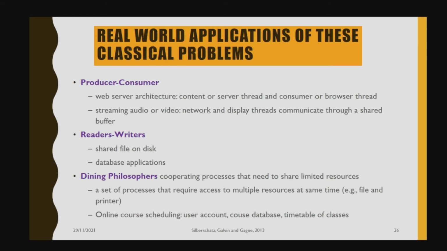And then online course scheduling: user account, course database, timetable, and classes. So this is the real world application of this classical synchronization problem. How we handle it is based on the structures and algorithms shown before.